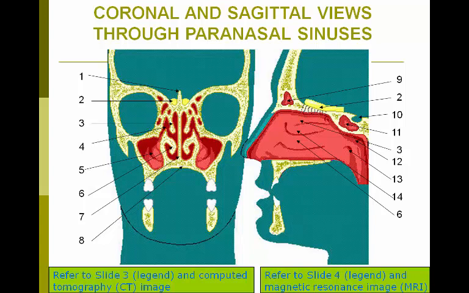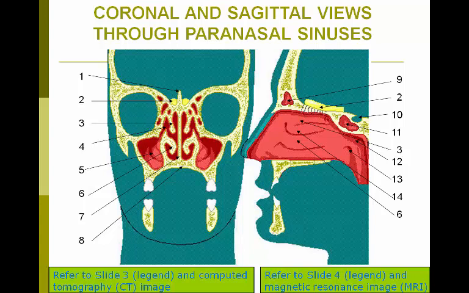Those are called the olfactory tracts inside the brain, and those are what carry the olfactory impulses of smell from the nasal mucosa up to the brain. Number 3 is showing what we call the middle nasal concha.